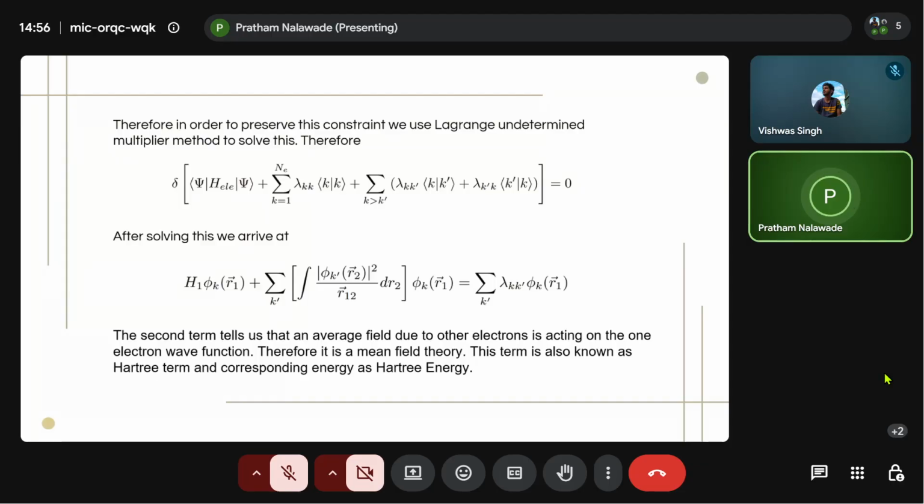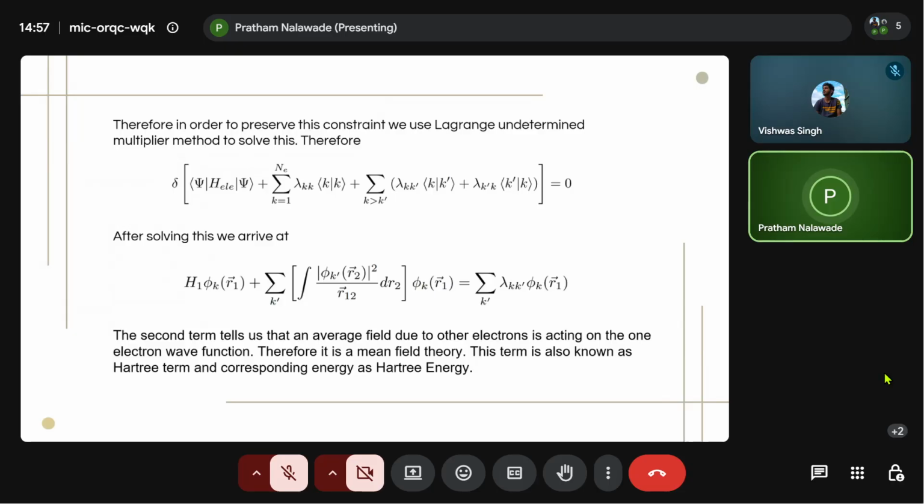Summing over the integration of phi k prime of R2, the whole mod square, divided by R1 minus R2. You see what this is? You are basically averaging over all the electrons. So you are summing, and then you have this probability, phi k prime of R2 mod square.